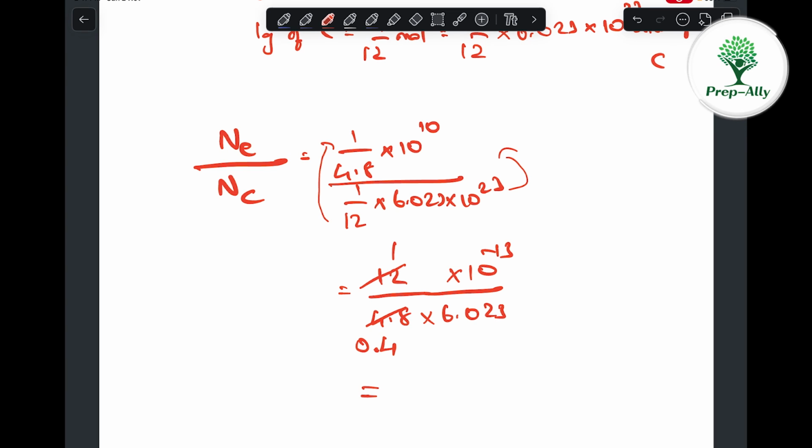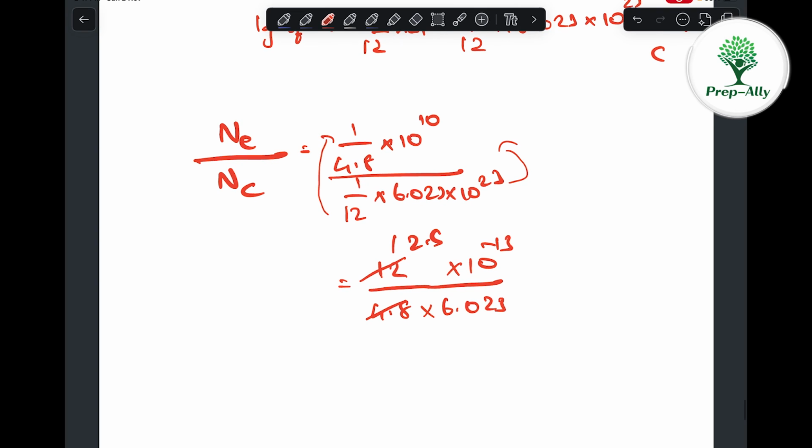Or you can write like 1 by 0.5, or you can write like 2.5 quarter amount, right? Now 2.5 divided by 6.023 into 10 power minus 13.